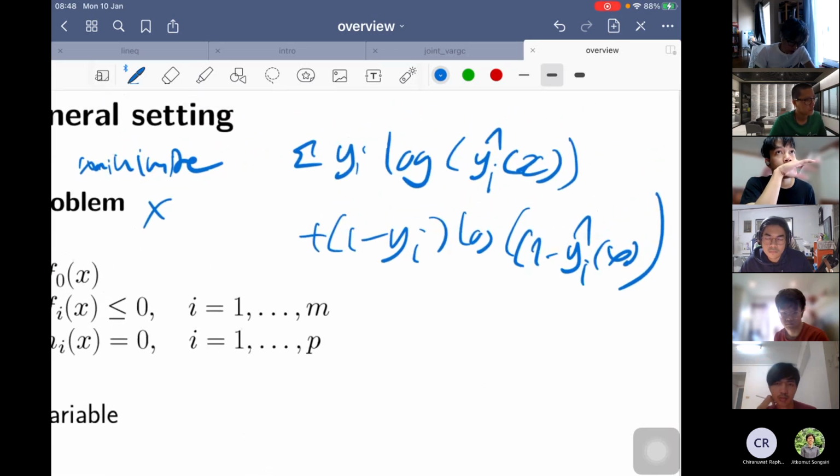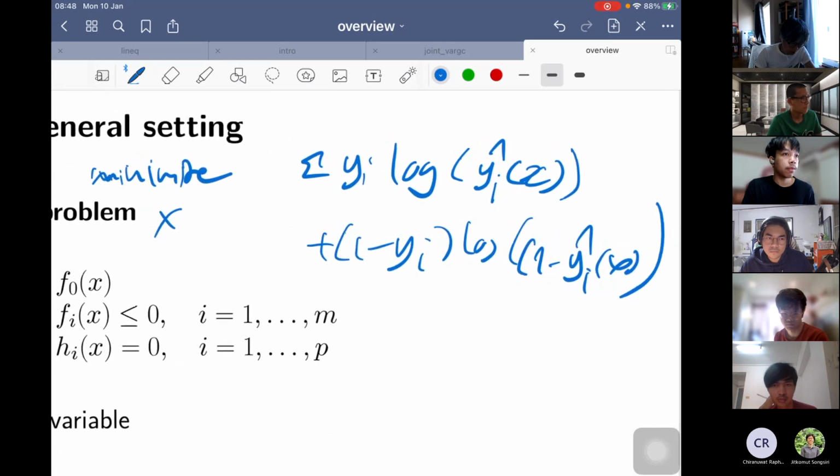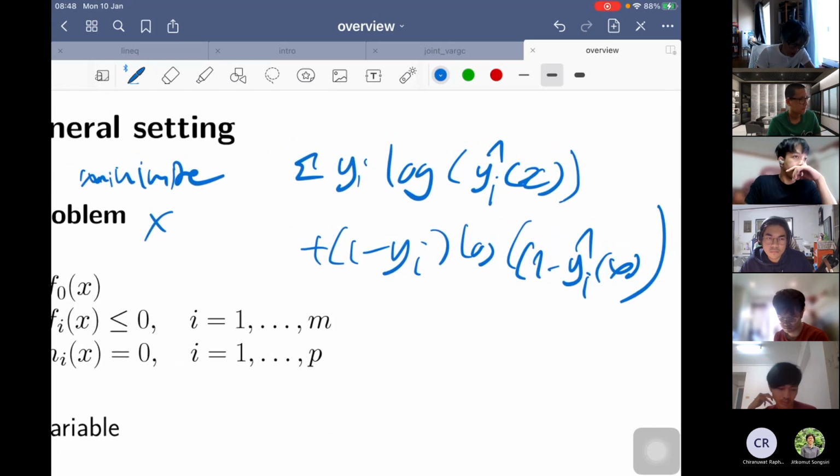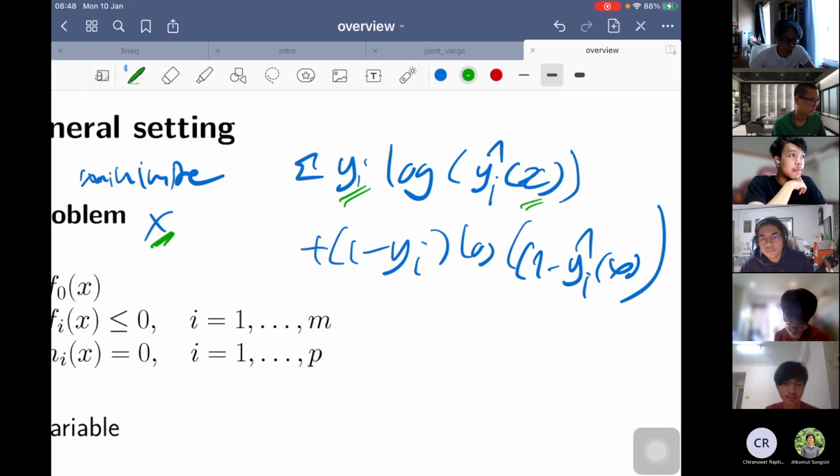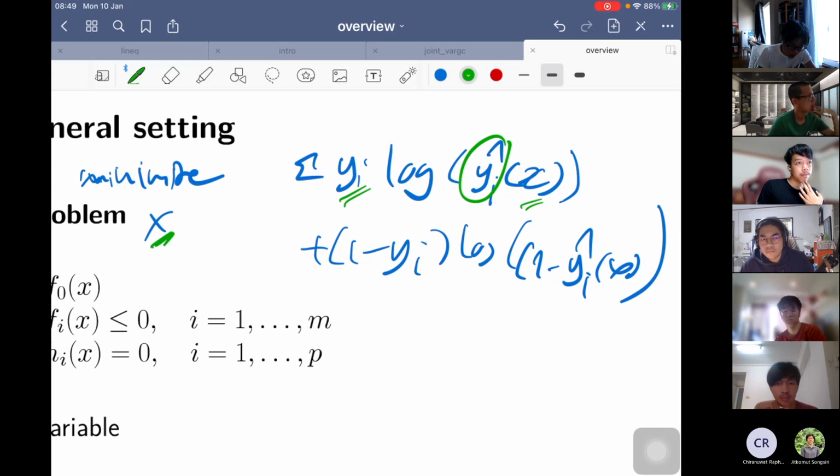For everyone who probably hasn't seen it before, these y are measurements, the labels in a classification problem. The variable x here, the optimization variable, is actually the parameter of the neural network. Yi hat here is the output of your neural network, in terms of probability. Don't worry about that, because the point I want to mention is that this is your objective function.